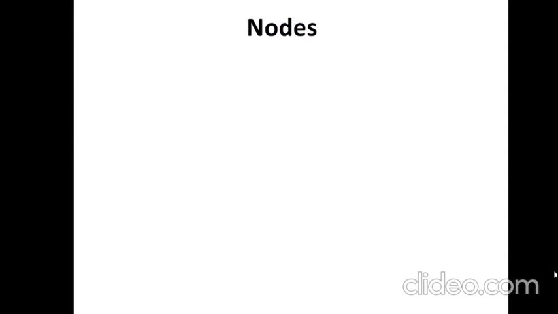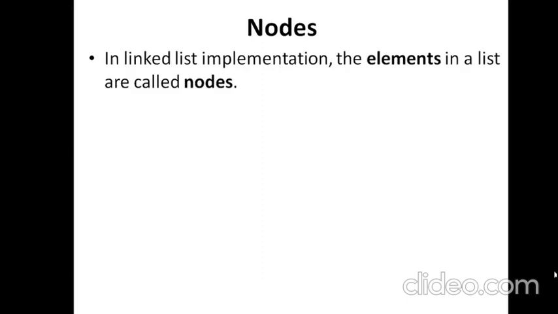But before going into the aspect of generic code, let's try to understand the basics of a linked list. In a linked list there is something called nodes. Nodes are nothing but the elements which are all interconnected with the help of a linked list. So, in other words, a linked list is made of a collection of nodes.